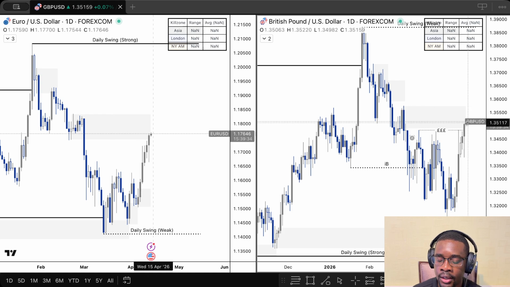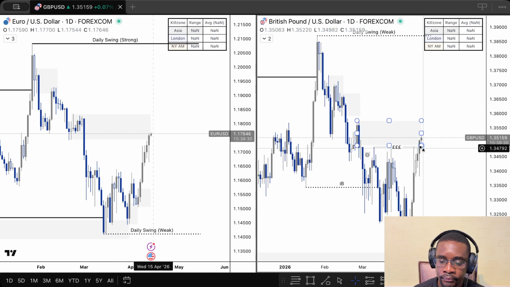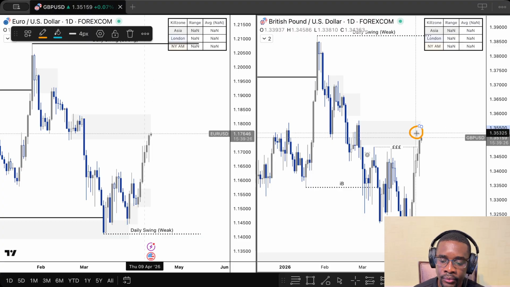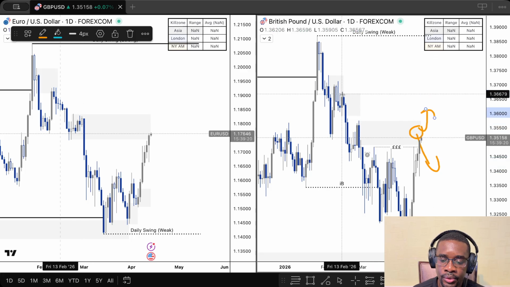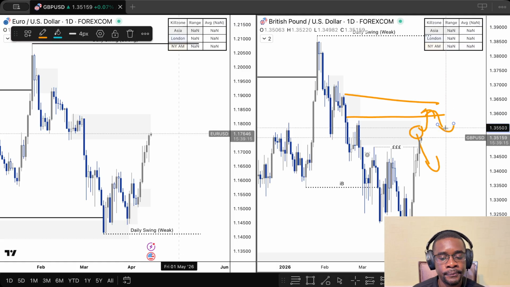So it's the same thing. Right now we're simply waiting either for price to respect this area and push lower, or if this area fails, price could continue and then maybe mitigate this area and then finally push lower.